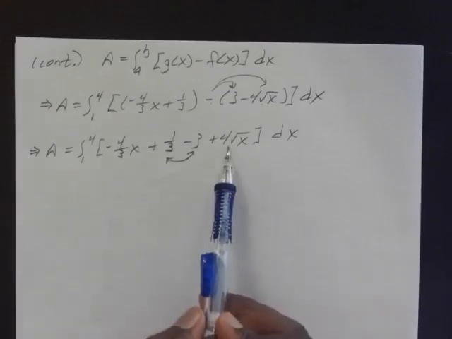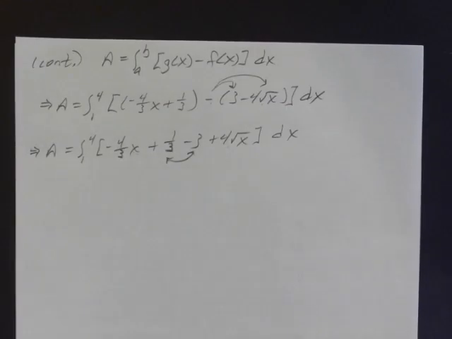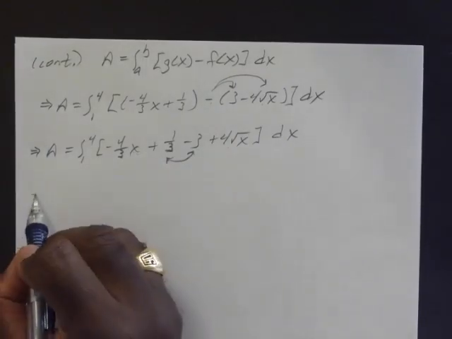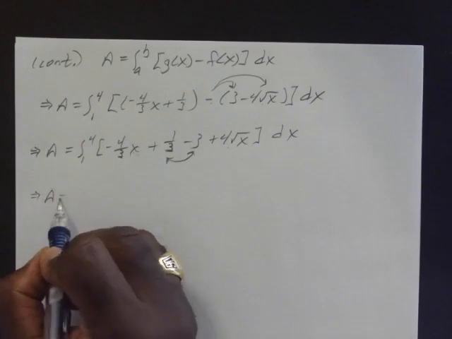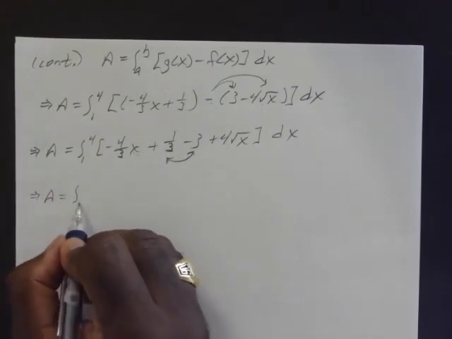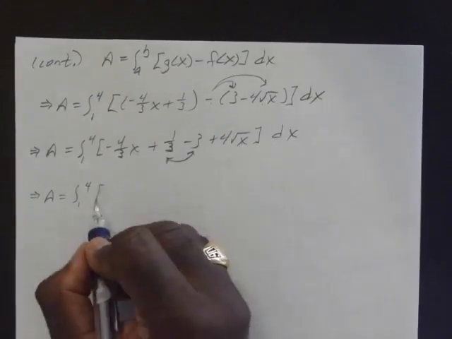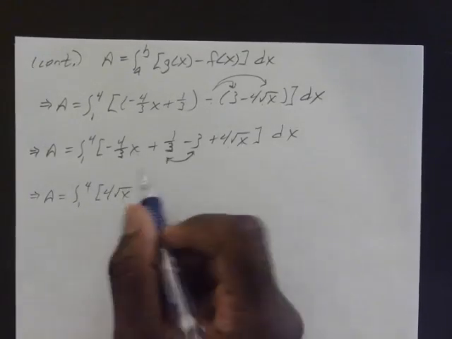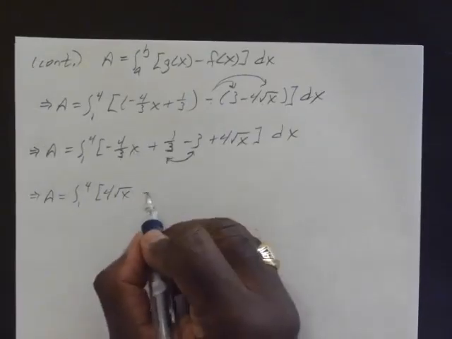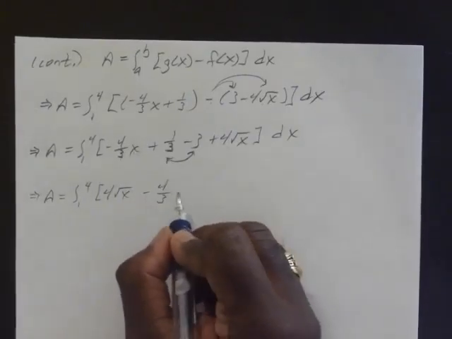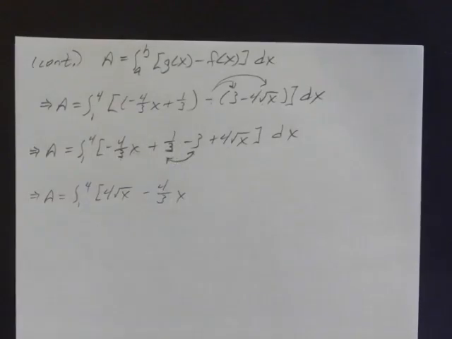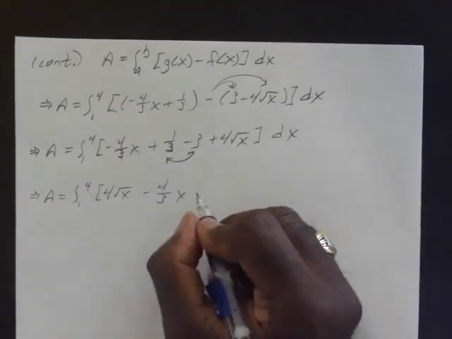Can't combine a square root term and an x term. So that's going to equal the integral from 1 to 4 of 4 square root of x minus 4 over 3 x, and 1/3 minus 3 is just negative 8 over 3.